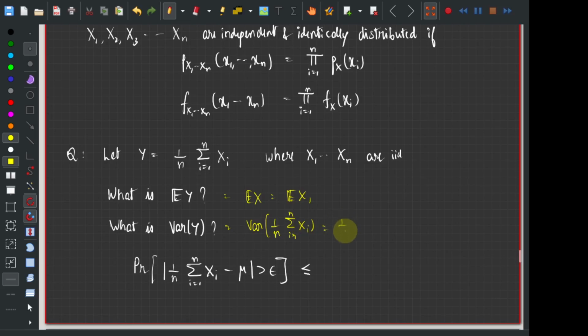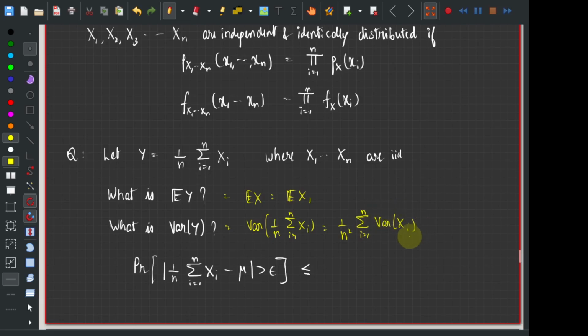1 over n squared times the variance of the sum, which is equal to the sum of the variances, i equal to 1 to n, variance of xi, but they're independent and identically distributed. So each variance is just equal to, let's say, sigma square.